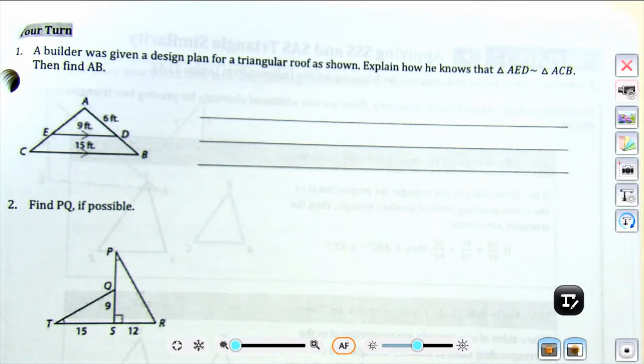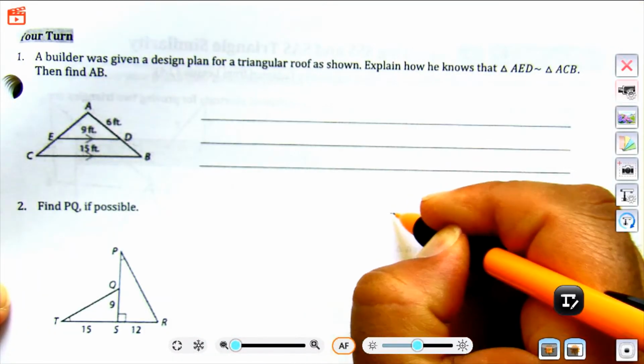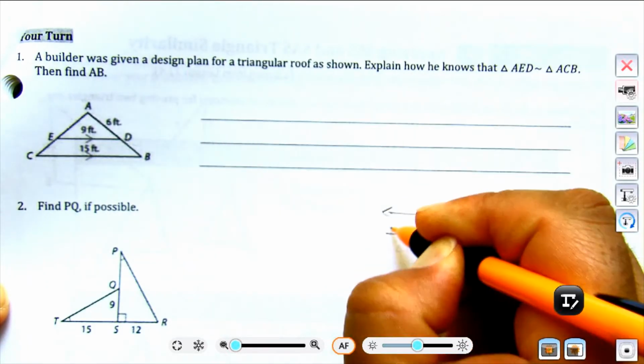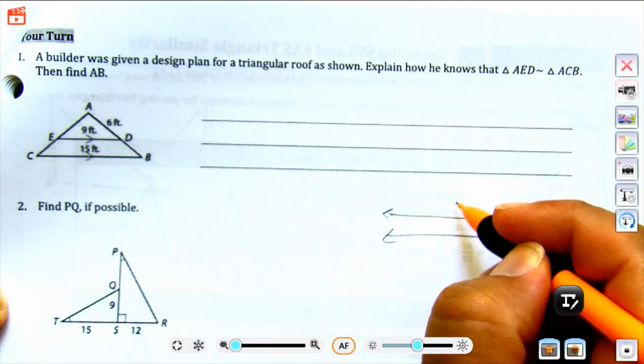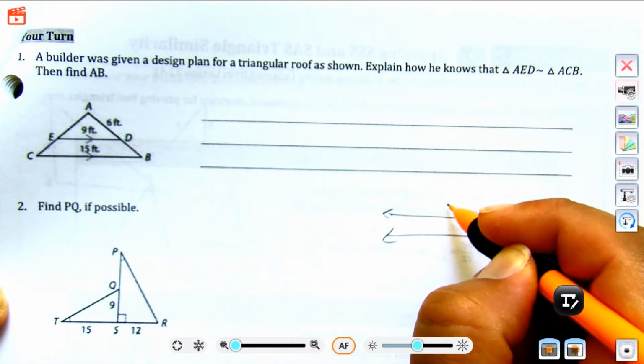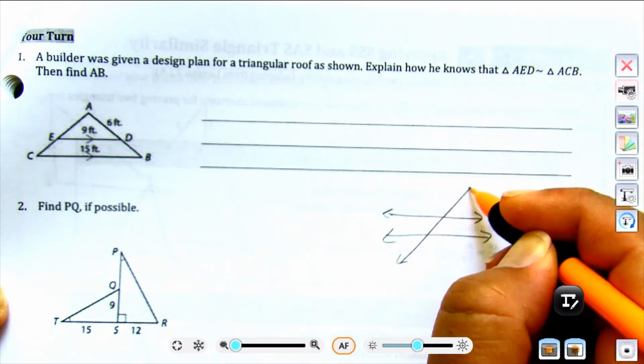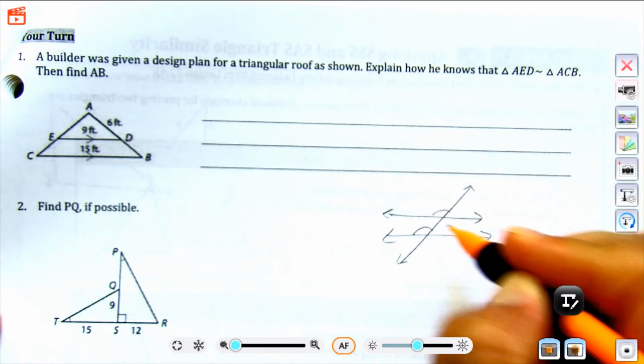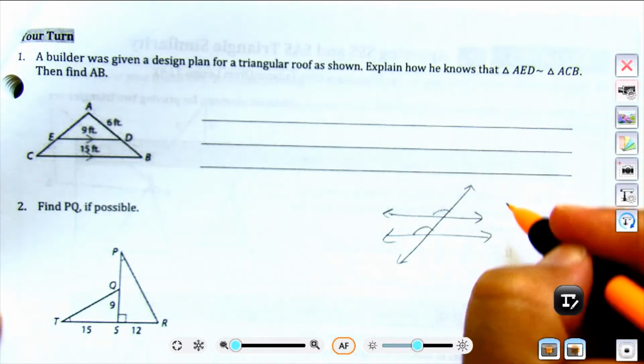So imagine you have two parallel lines and a transversal that cuts the two parallel lines. What forms are corresponding angles?